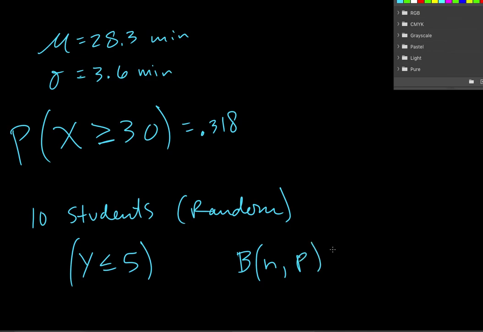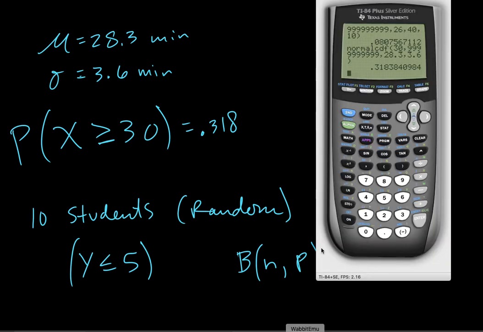And so what we need to do is go back here, and we're going to find the binomial CDF. So we hit a B, binomial CDF. Okay. And number of trials, so we had 10 trials.